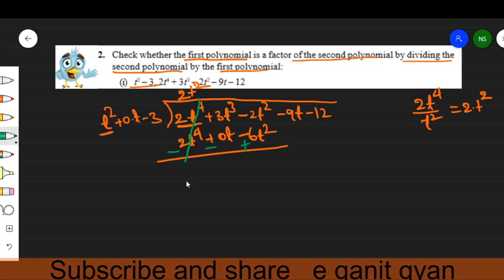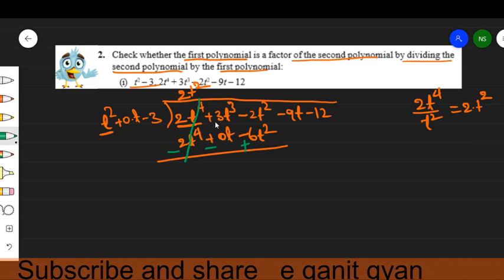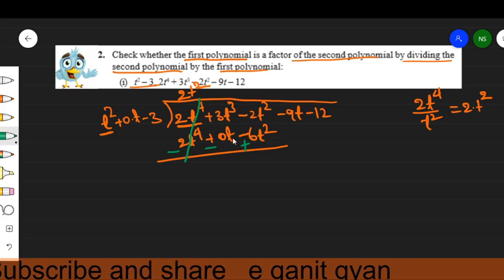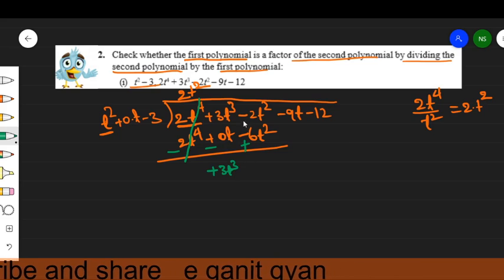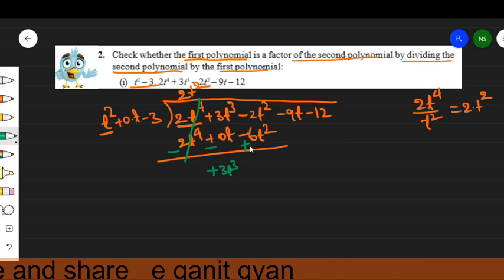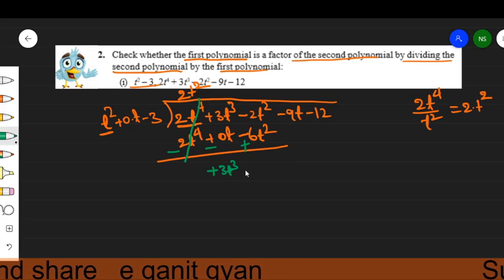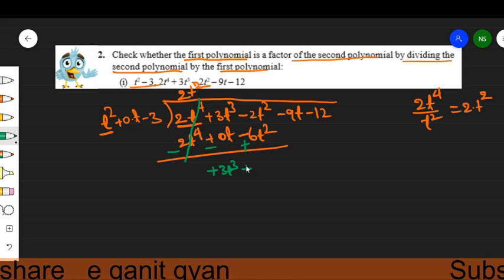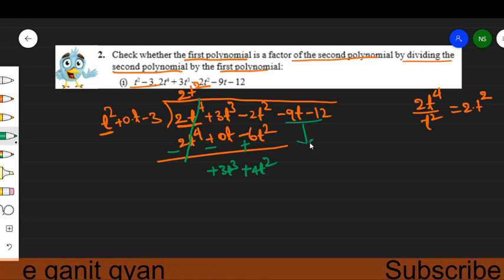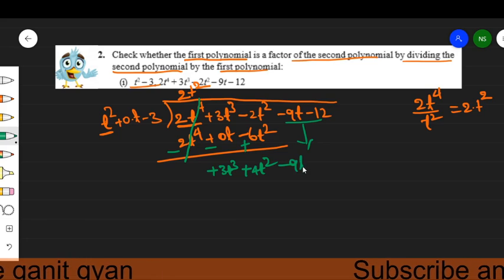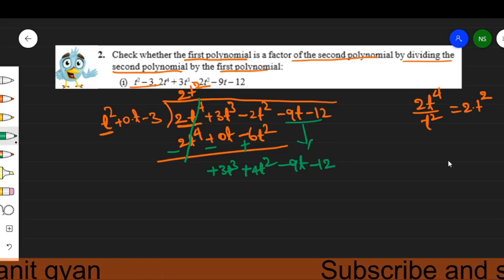These two terms will become 0, and 3t cube minus 0t will get plus 3t cube, minus 2t square plus 6t square will get plus 4t square. Next two terms down: minus 9t minus 12.